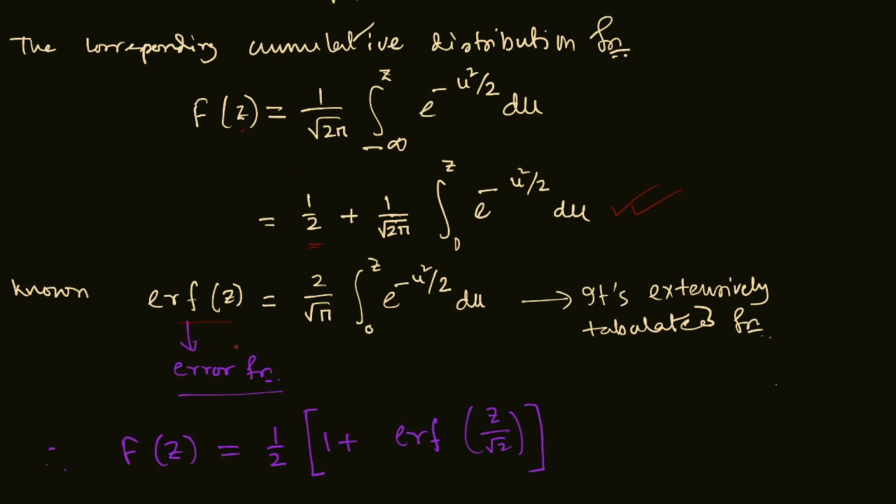There is a connection with error analysis in physical science and engineering. erf(z) is 1 over root 2 pi, the integral from 0 to z of e to the power minus u squared by 2 du. It is extensively tabulated.